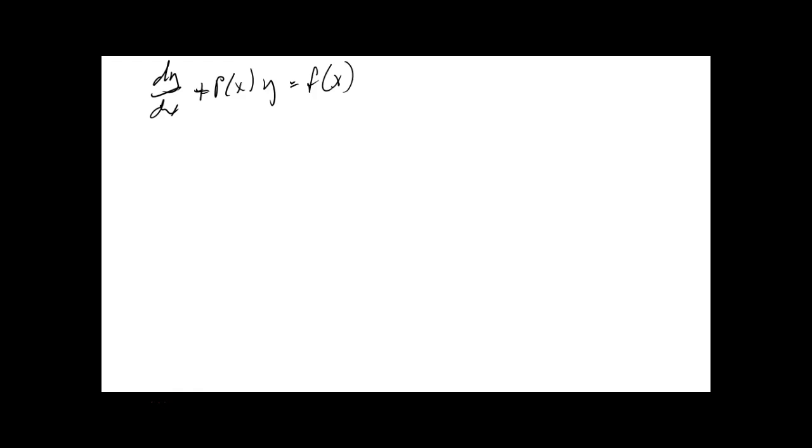So the method for solving that hinges on the remarkable fact that the left-hand side of the equation can be recast in the form of an exact derivative of a product by multiplying both sides by some function mu of x. Okay?